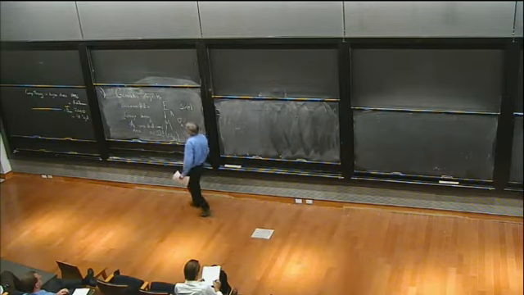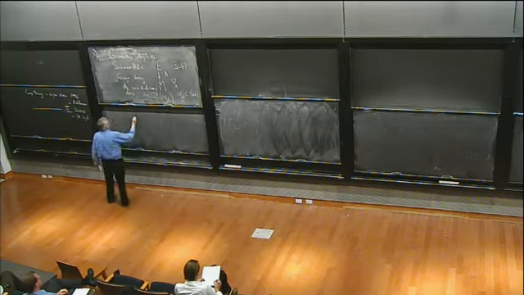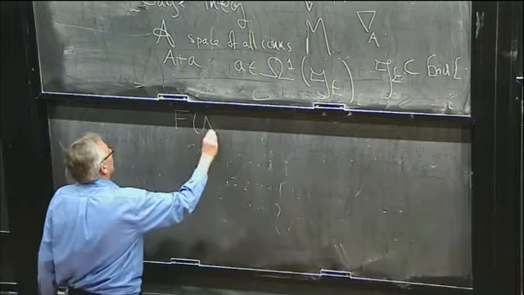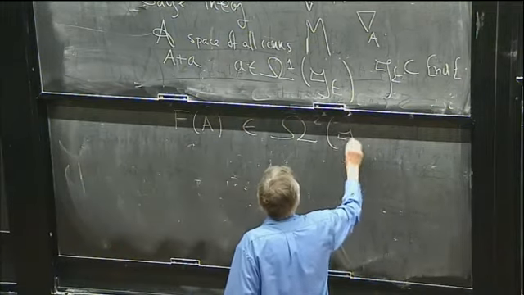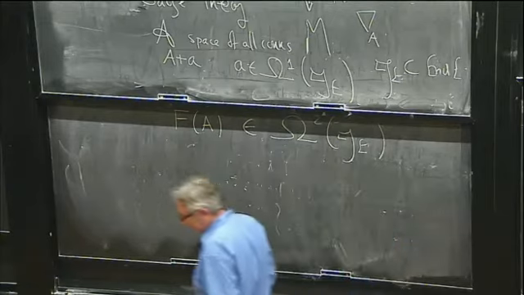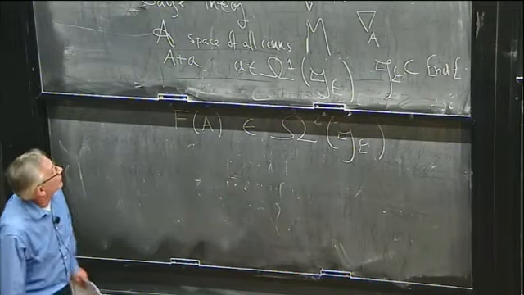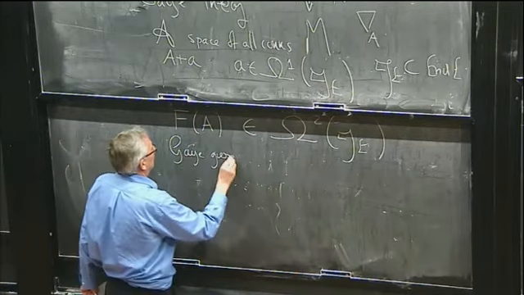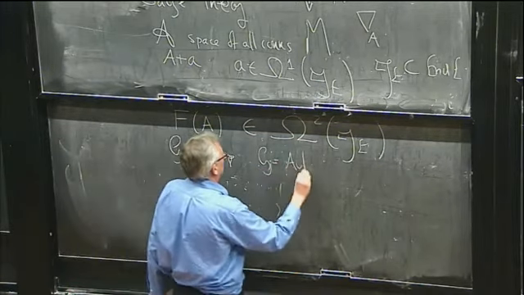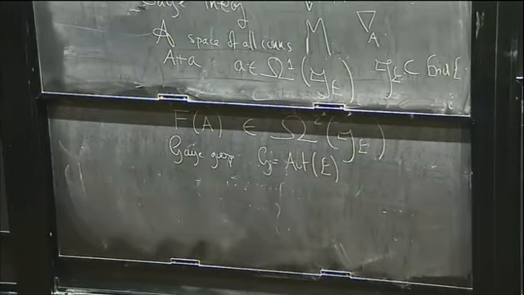Then the other basic thing to recall is that a connection has a curvature, F of A, which is a two-form with values in this same bundle. And the third kind of object one wants to think about are the gauge transformations of the gauge group G, equal to the automorphisms of E preserving the metric structure.